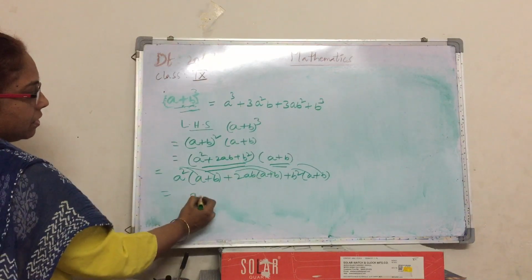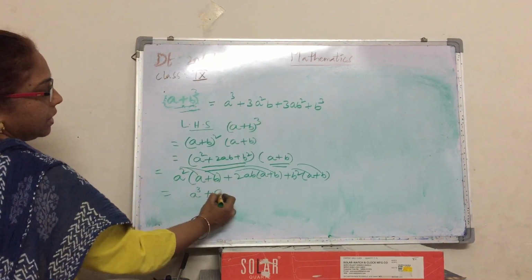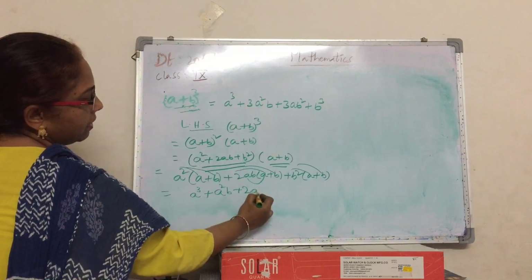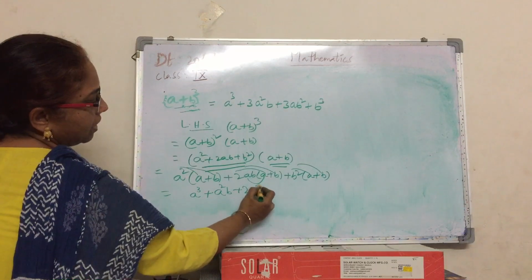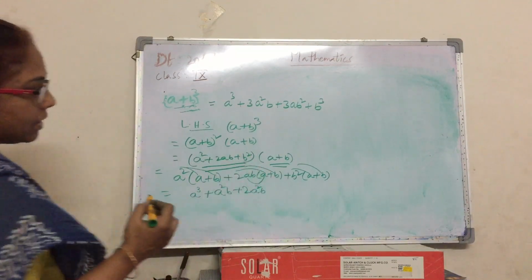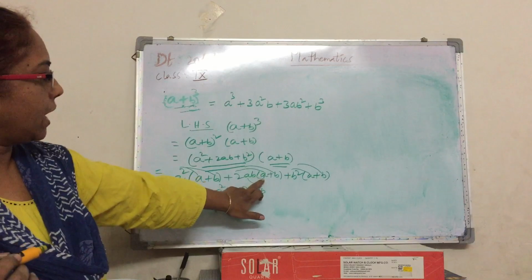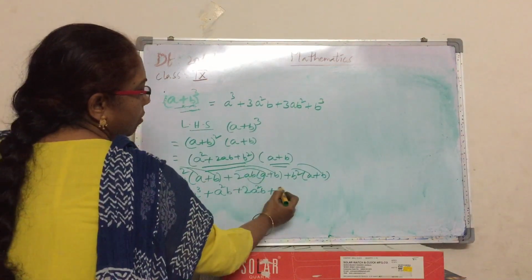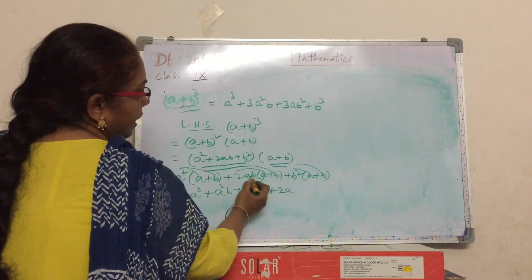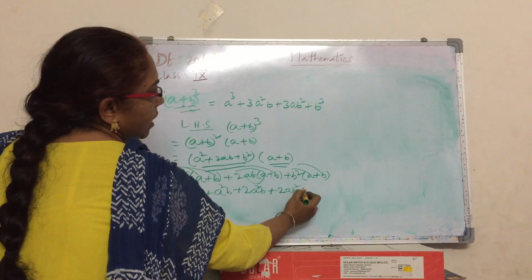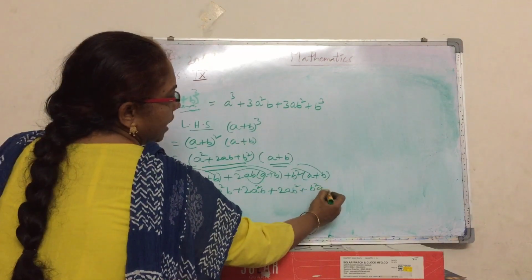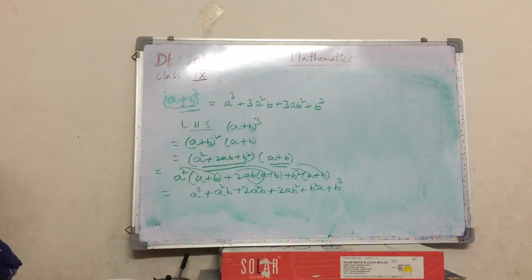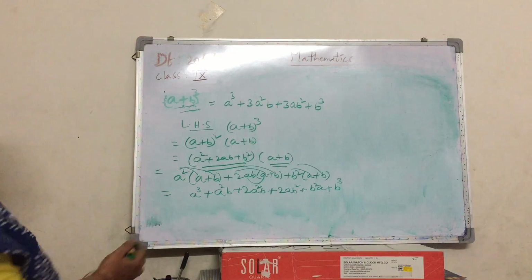A square into a, a cube plus a square into b, a square b plus 2ab into a is nothing but 2a square b plus 2ab into b, 2ab square, plus b square into a, ab square, plus b square into b, b cube. Now we have to observe any like terms are there in this expression.